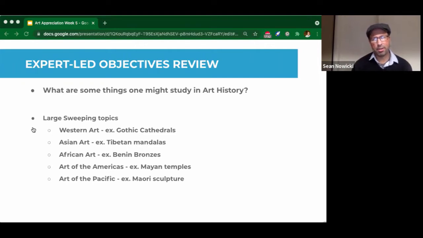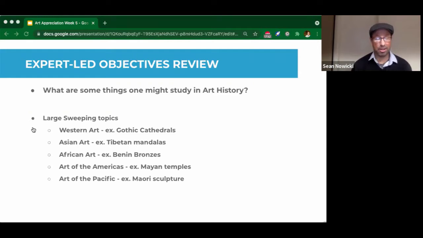One of them is Western art, and Western art is what, if you go to the Louvre Museum and see art from Vermeer or Leonardo da Vinci, or if you see art from America in 1945, all of that is kind of Western art. An example of what falls into Western art are Gothic cathedrals. And that is in this tradition of Western Europe, which is kind of why they call it Western art. So any art that comes out of Western Europe is known as Western art.